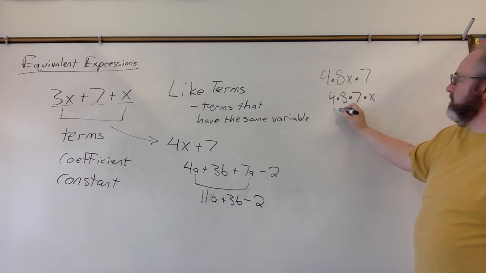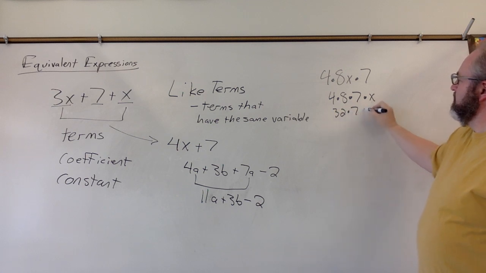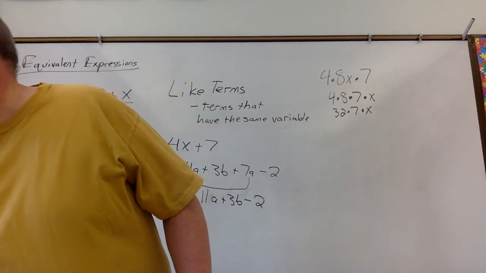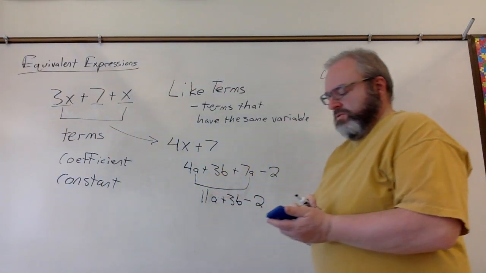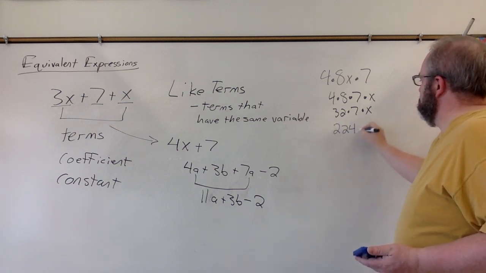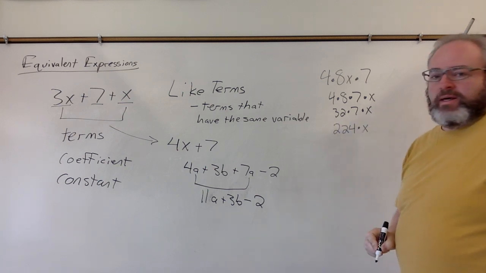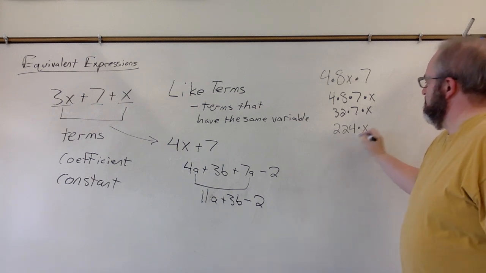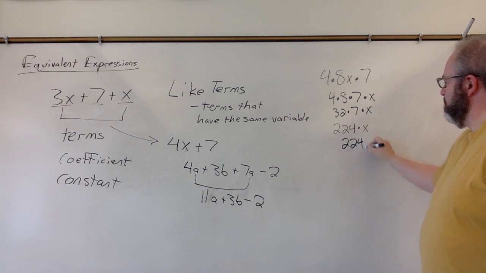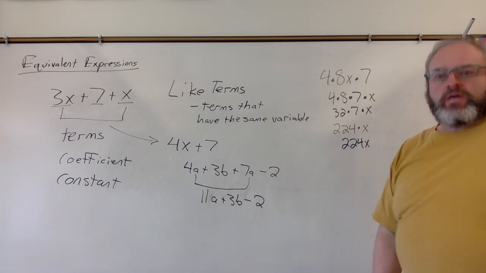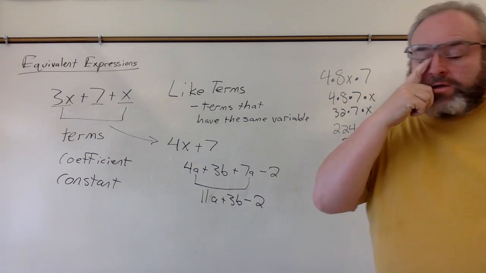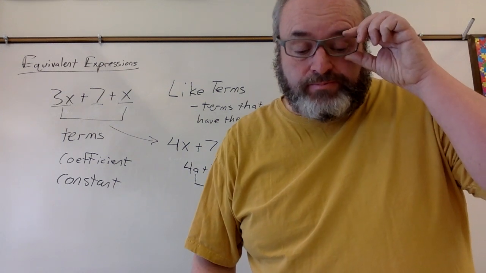Okay, so 4 times 8 is 32 times 7 times x. 32 times 7 is 224 times x. And just to finish it off, I'm just going to take this multiplication sign away. 224x. So that's how we combine terms with multiplying. Multiplying, you can combine all you want.